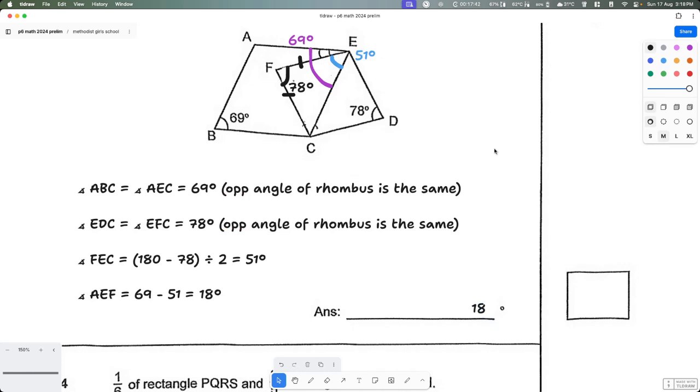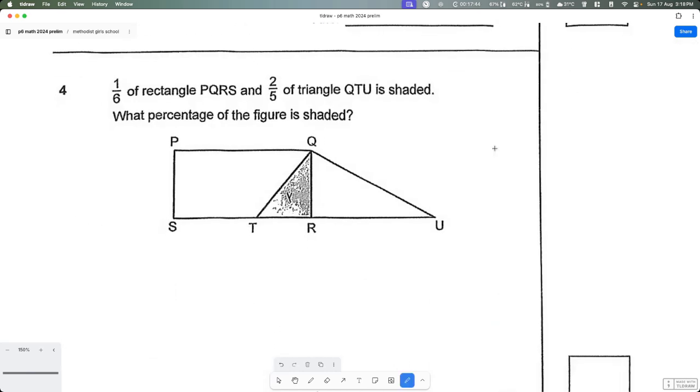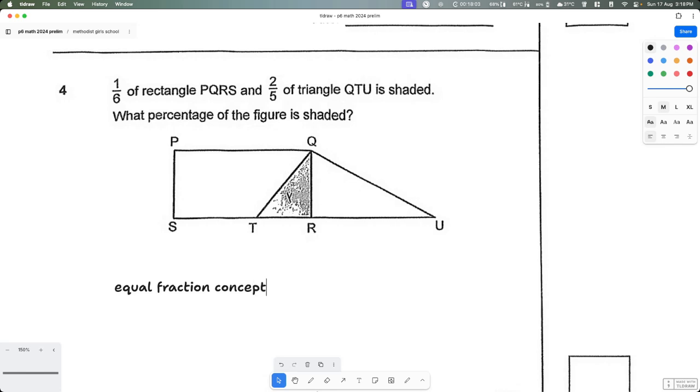Question number 4. Okay, so 1/6 of the rectangle PQRS and 2/5 of the triangle QTU is shaded. What percentage of the figure is shaded? So this is equal fraction concept, right?